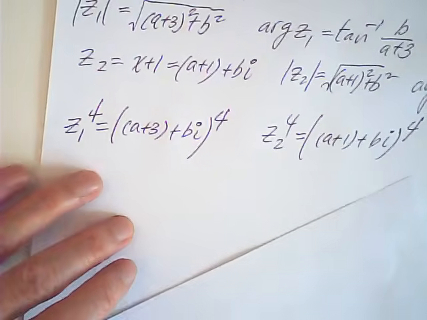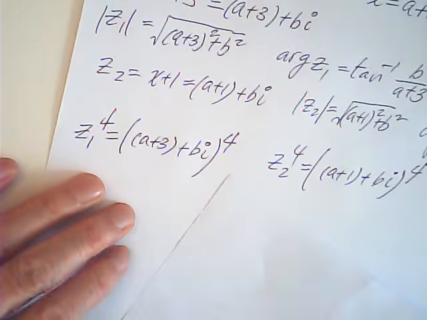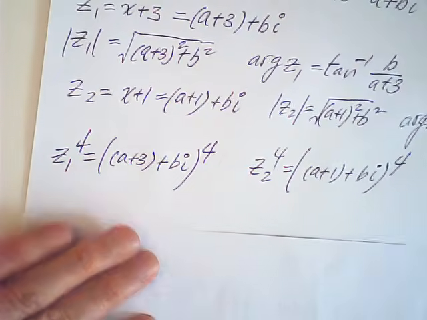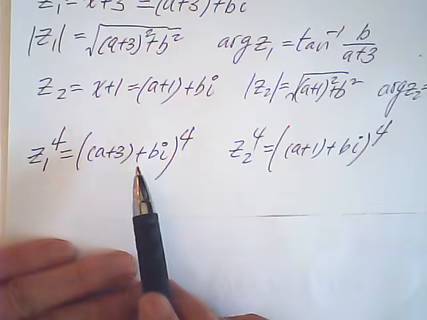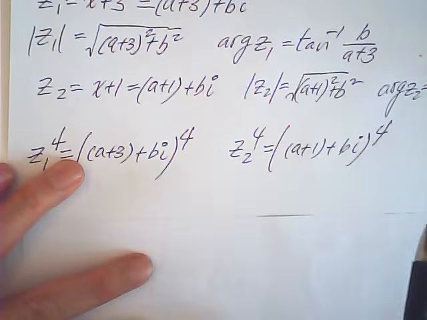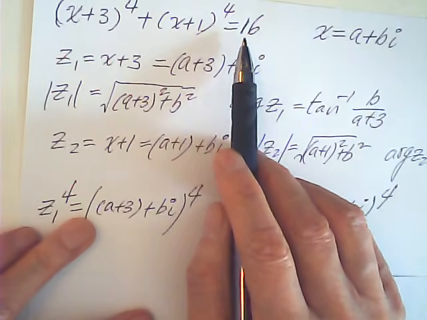Now, the key step is this. The key step is that this plus this, this plus this, this plus this is 16. No imaginary part.